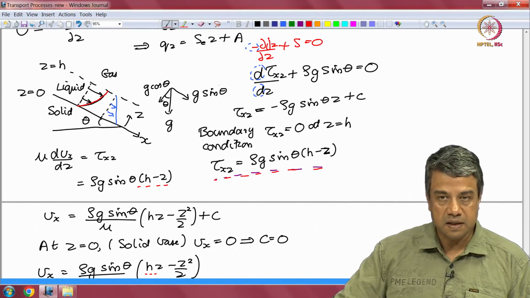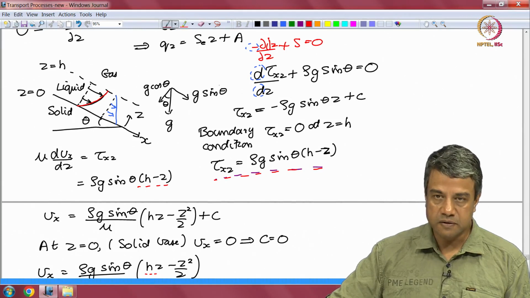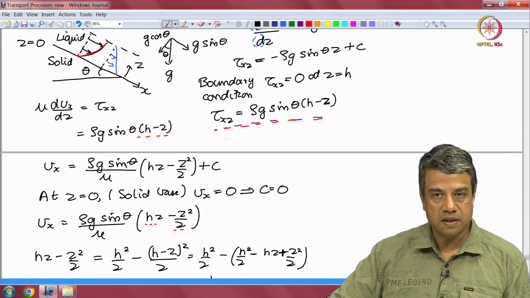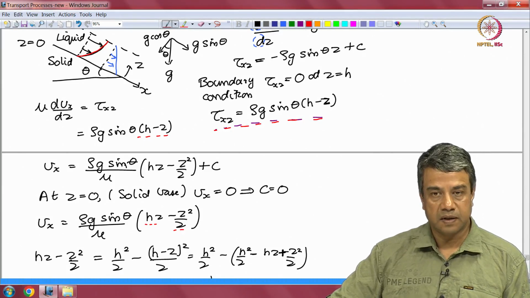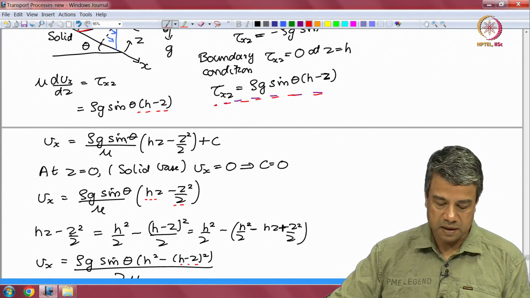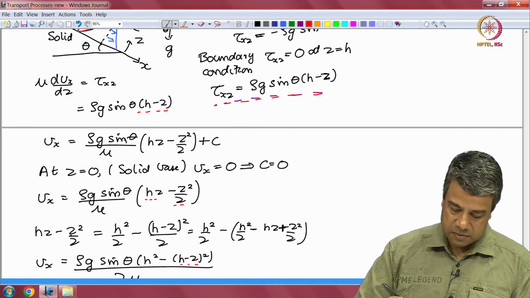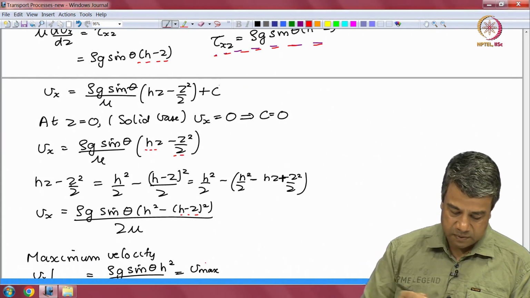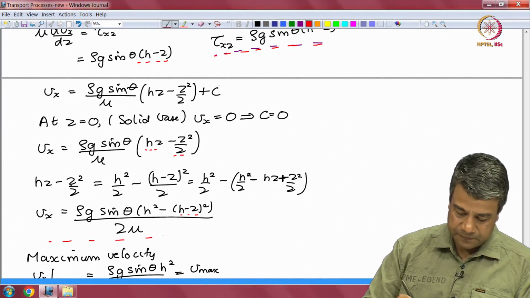If the viscosity is a constant, if the diffusivity is a constant, then the velocity profile is quadratic because it is one integral of the shear stress, which is a linear function. So, you get a quadratic function, which is what we got for the velocity profile here.